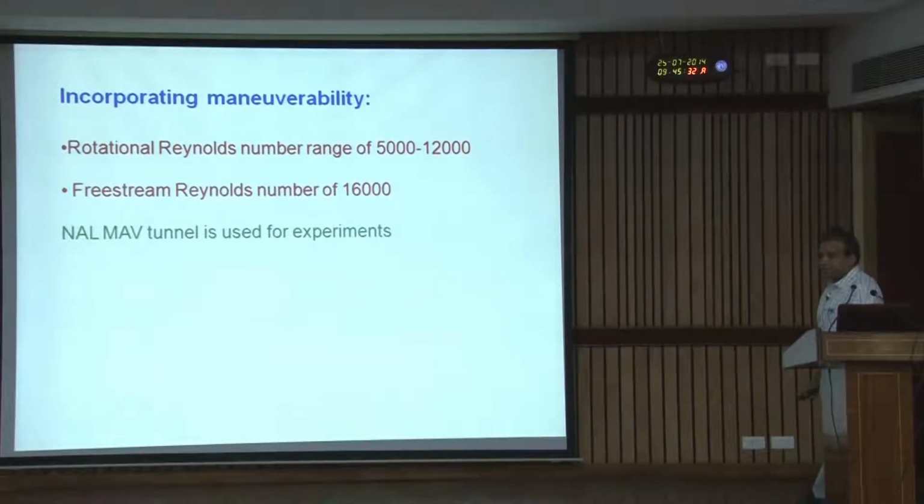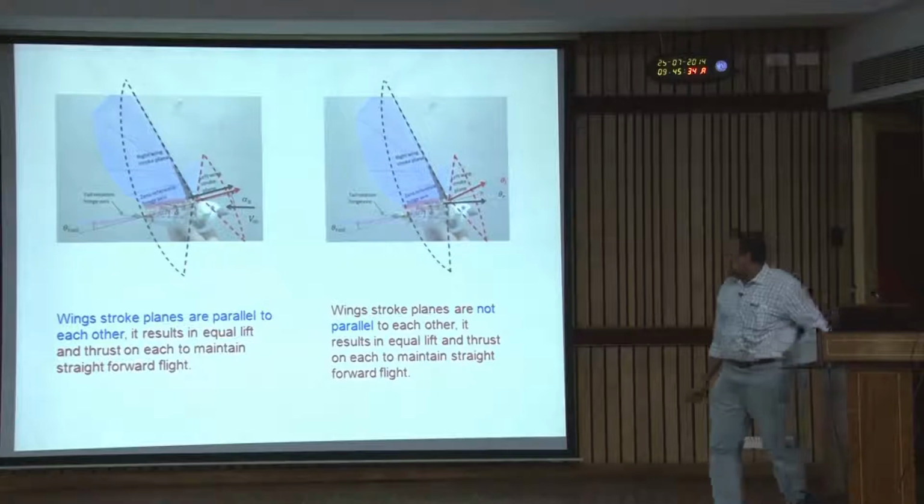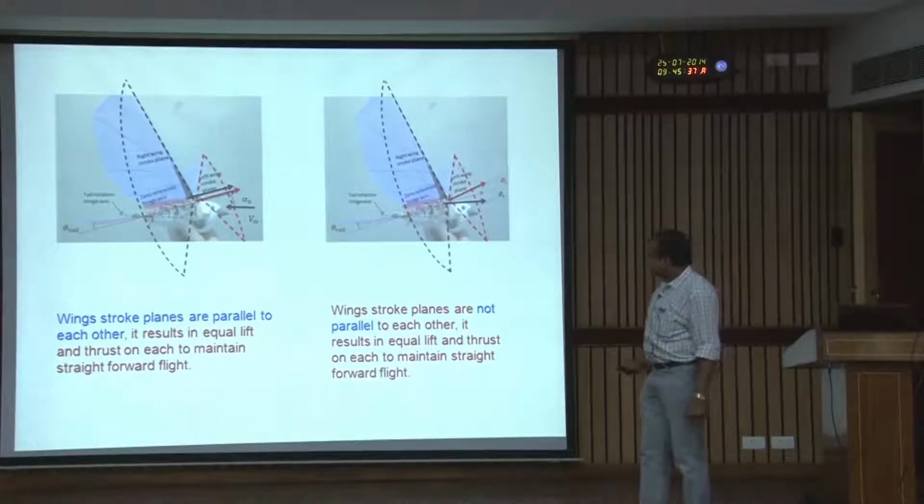But before the experiment, you have to make a model which is slightly different. If you see, this is the hinge axis, and these two wings are flapping. When they flap, the stroke plane is parallel to each other.